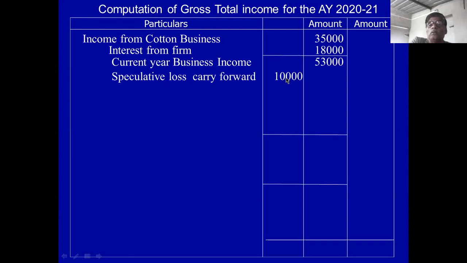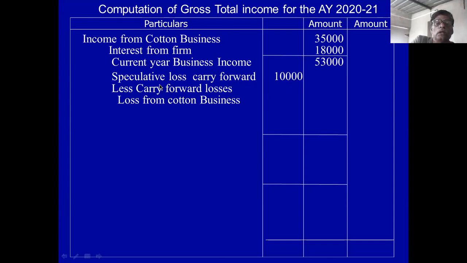In this income, first you consider the speculative business. Speculative loss carry forward is 10,000. It is not adjusted; it is carried forward to the next assessment year because there is no speculative income. Then come to the carry forward losses of the previous year.